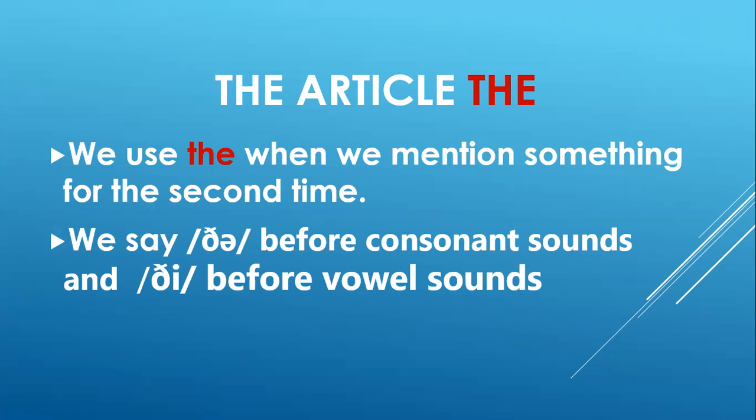If we have vowel sounds, we are going to say "thee" apple, "thee" eraser. But we're going to say "thuh" when we have consonant sounds, the book, the notebook, and so on.